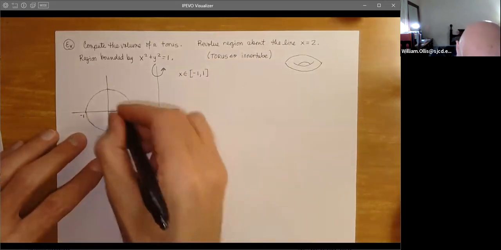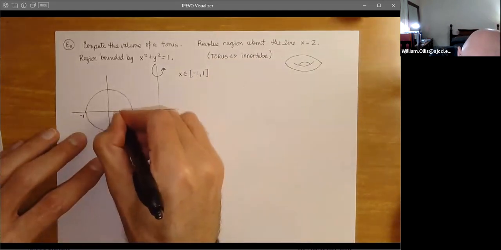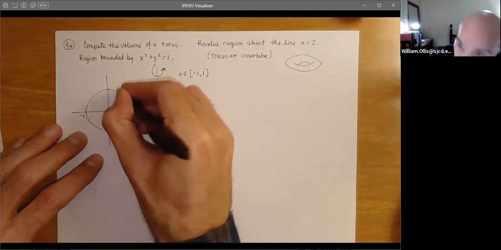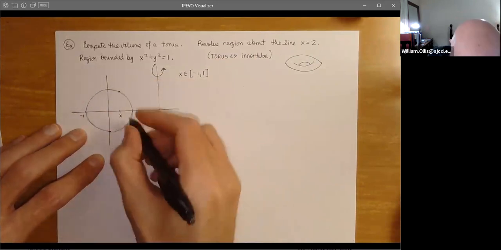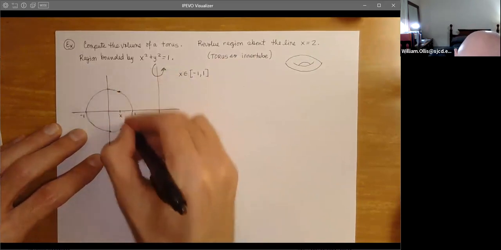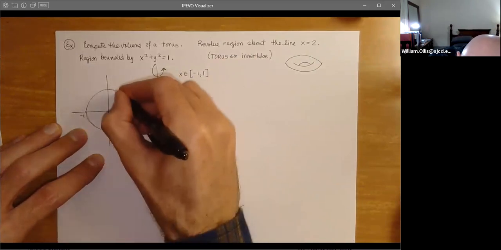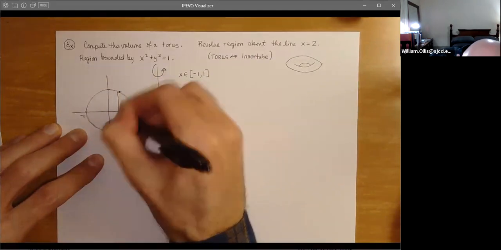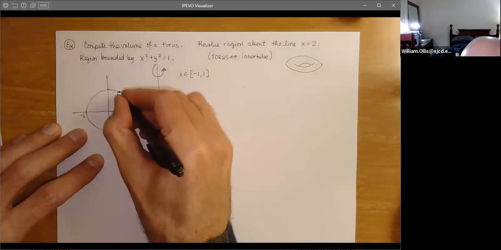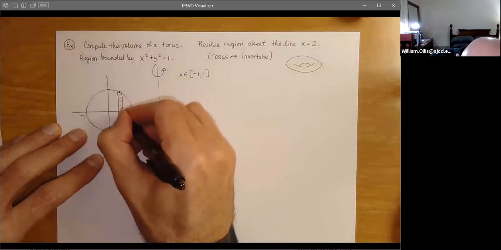And so if you like, you can just pick an x here, and we can draw a strip parallel to the axis of revolution. So there's our strip.